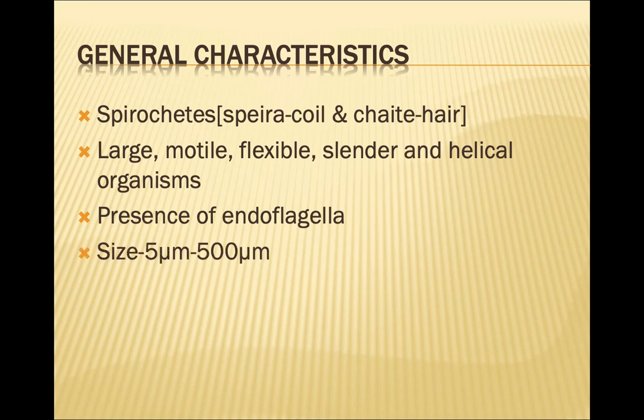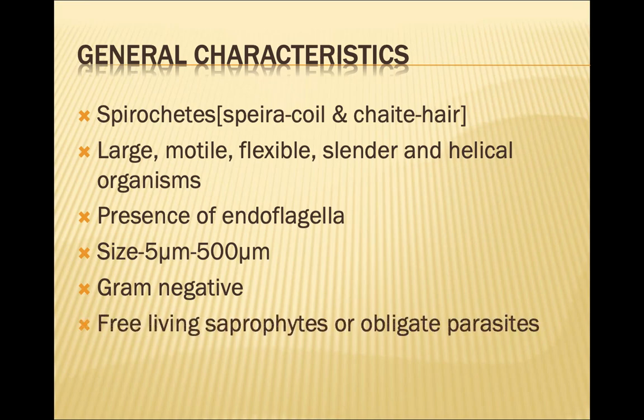The size of these organisms ranges somewhere between 5 microns to 500 microns, and when you see the Gram's reaction, all these are gram negative in nature. Most of these spirochetes are free living saprophytes or they are obligate parasites.